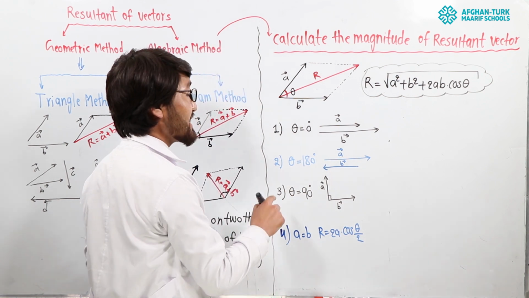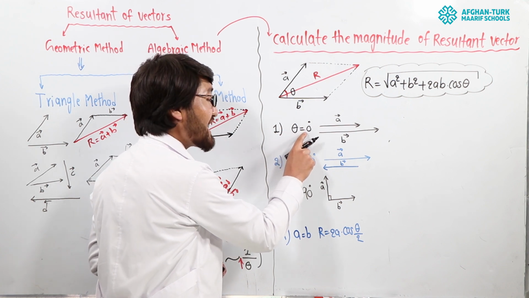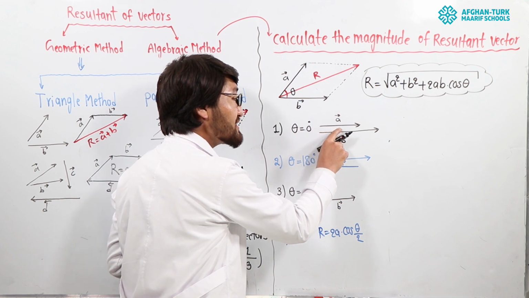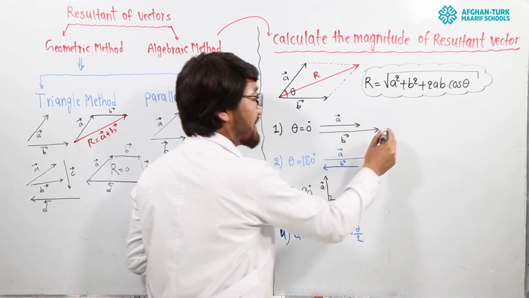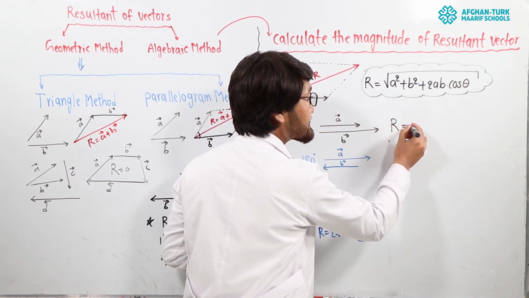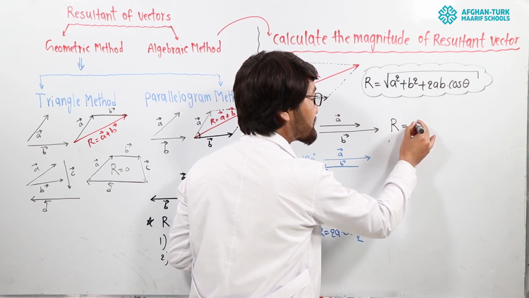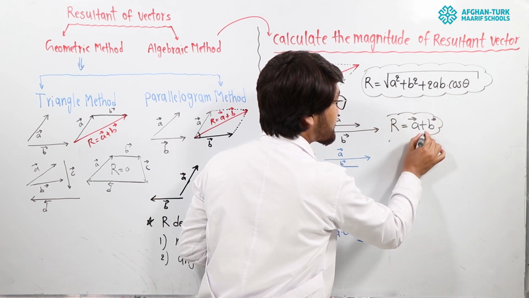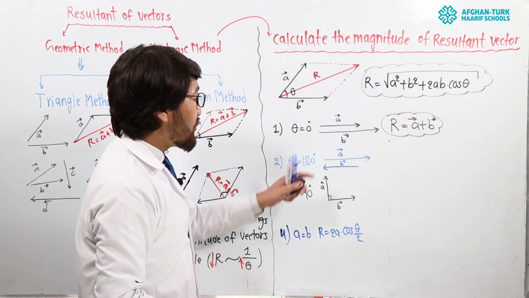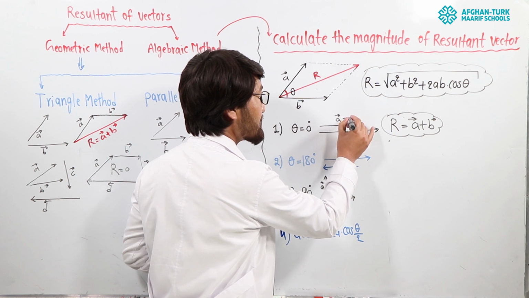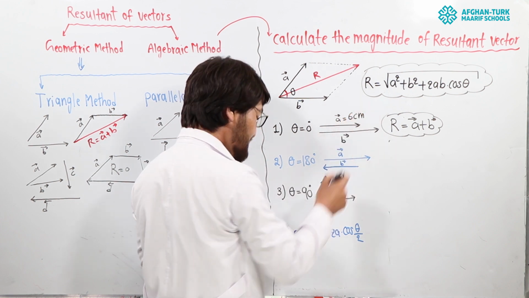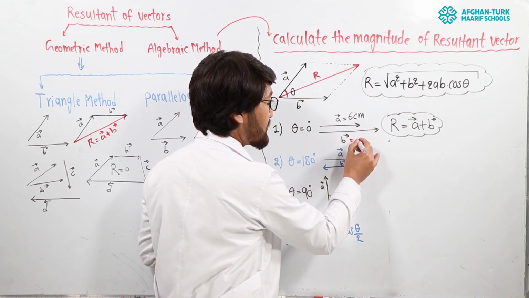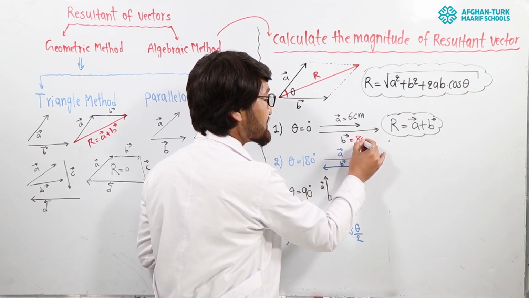Now I will tell you some properties. If the angle is 0, the vectors are parallel, and you can find the resultant from this formula: A plus B. For example, vector A is 6 centimeters and vector B is 8 centimeters.